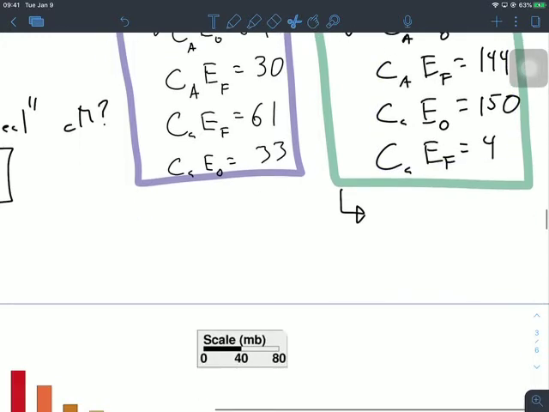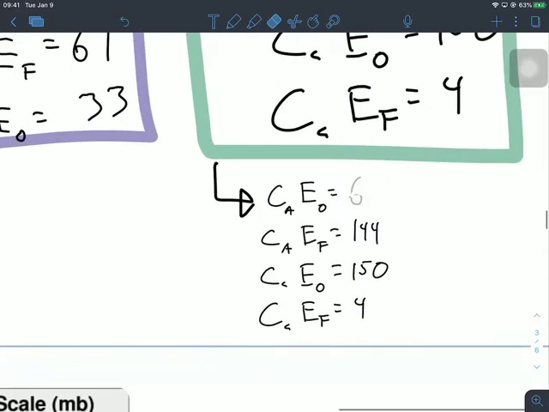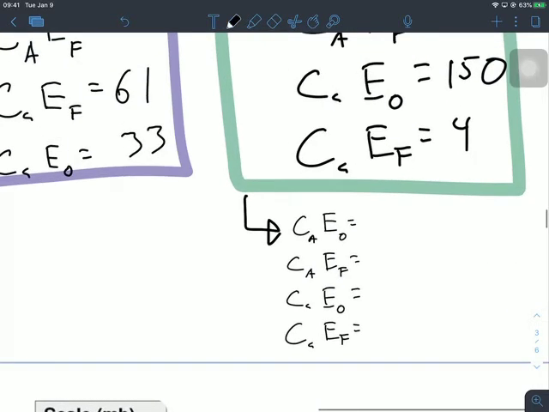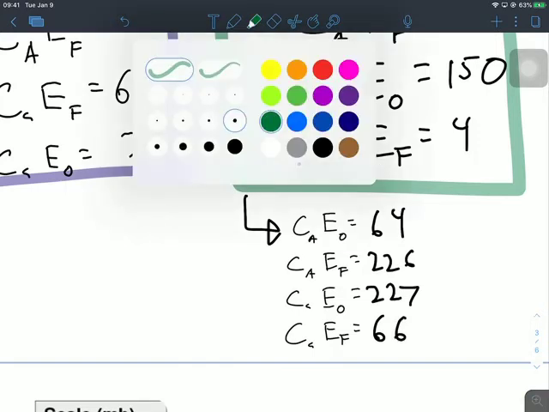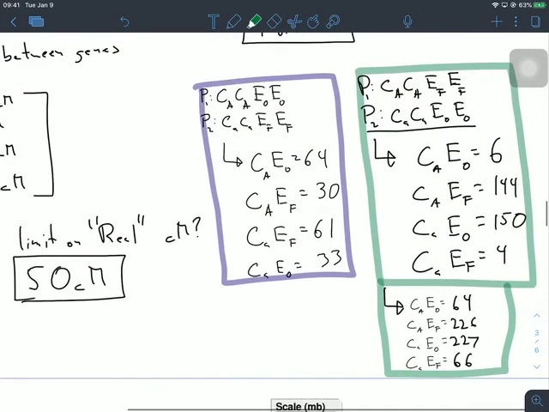So we'll copy this set of numbers, or that set of haplotypes in sperm, and instead report our numbers as 226 of these, 227 of these, 64 of these, and 66 of these. So same parentage, so I'm going to put it in the same box. But please go ahead and calculate the recombination distance for these problems.